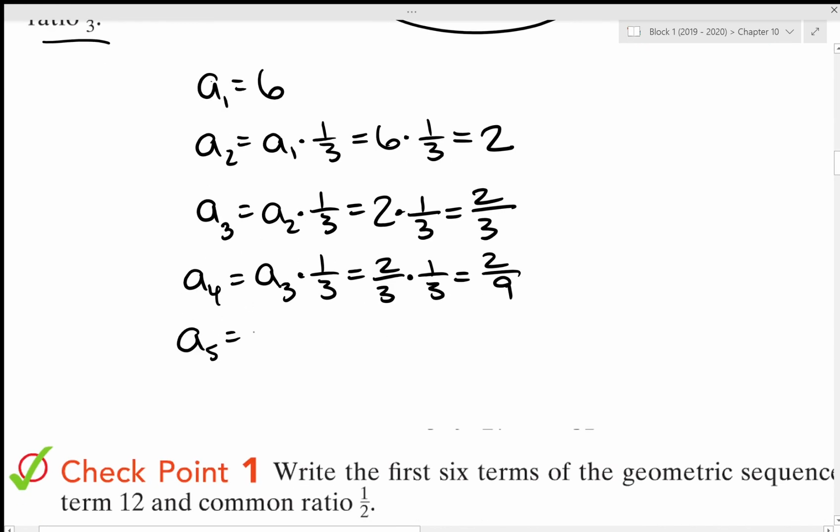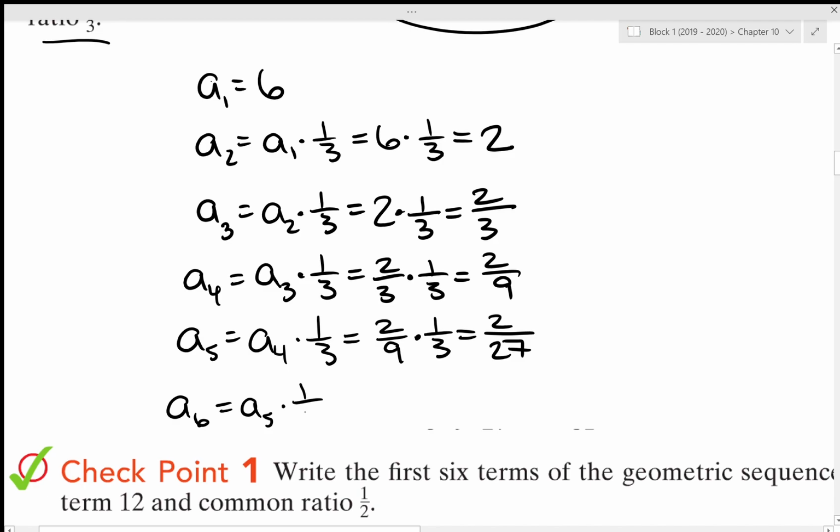The fifth will be the fourth times a third. So 2/9 times a third is 2 over 27. And then the last term, we will have 2 over 27 times 1/3, so 2 over 81.